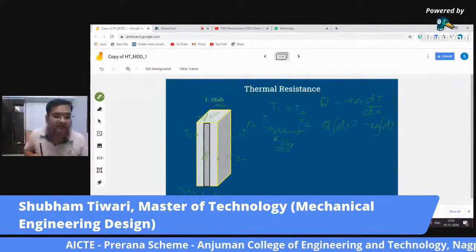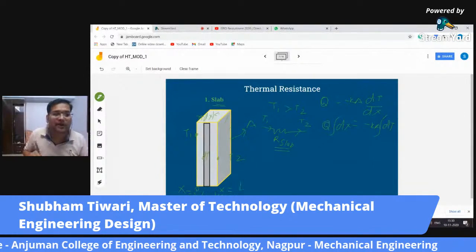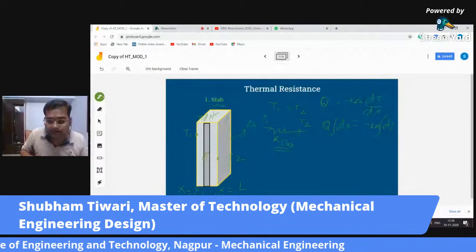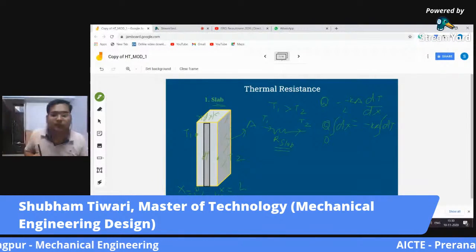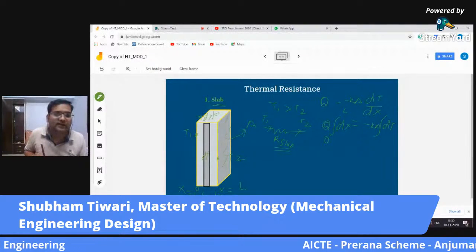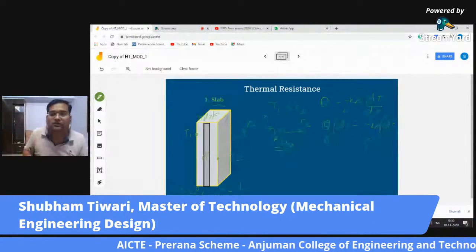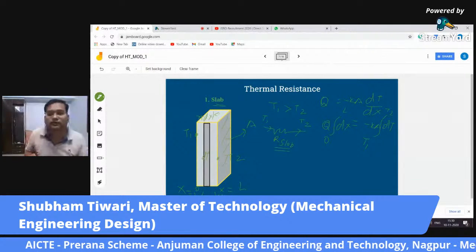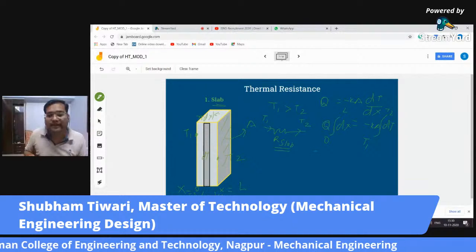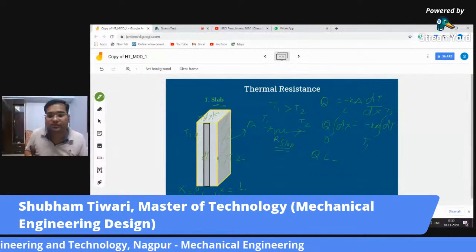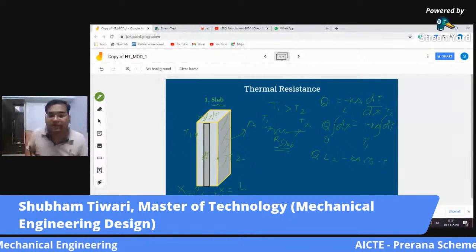Here x has a value equal to 0, and here x has a value equal to L. So x is varying from 0 to L. And what is the direction of heat transfer? It is from T1 to T2. So I will write here T1 to T2. Now let us integrate. By integrating, I can write QL equals minus KA (T2 minus T1).